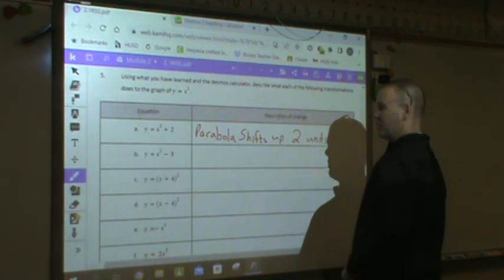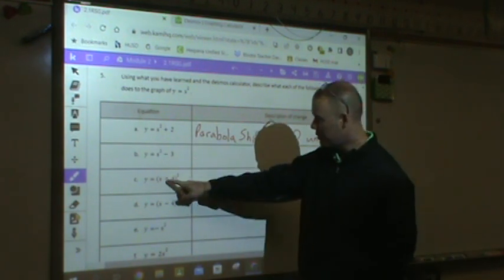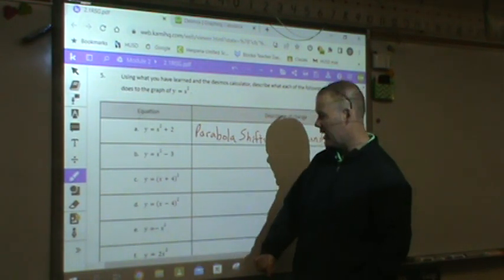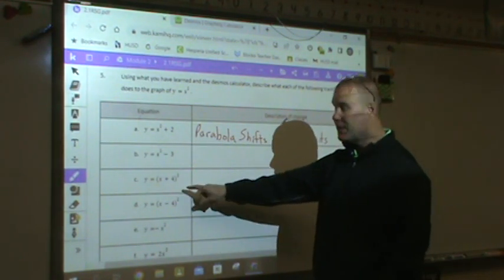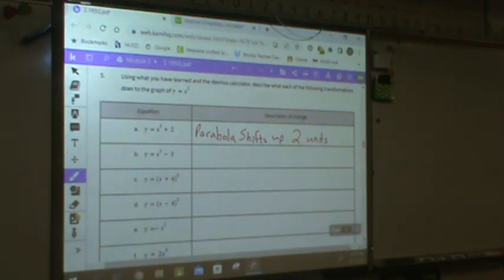B, C, D. Use Desmos if you have to. If you don't understand what it does when there's parentheses here or when there's a negative there, put it in there and then describe what it's doing. The parabola is just shifting. That's all it's doing. So you need to complete that.